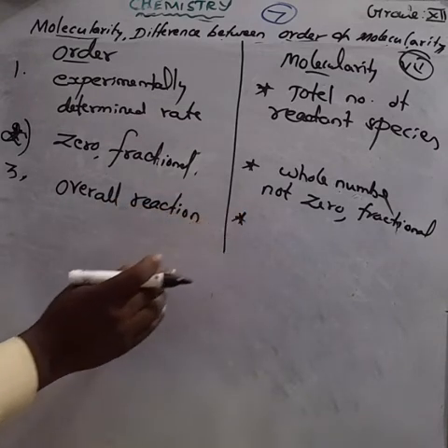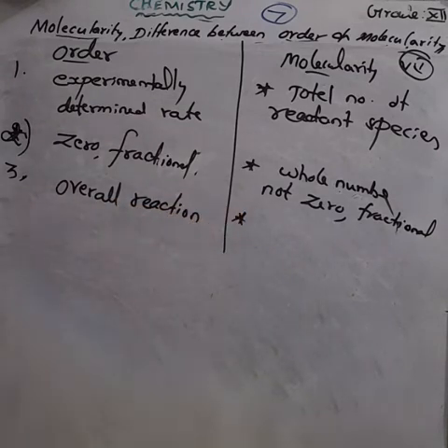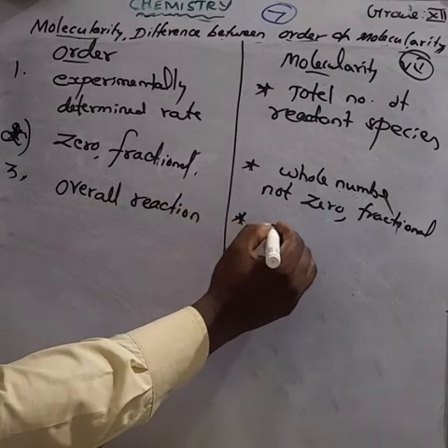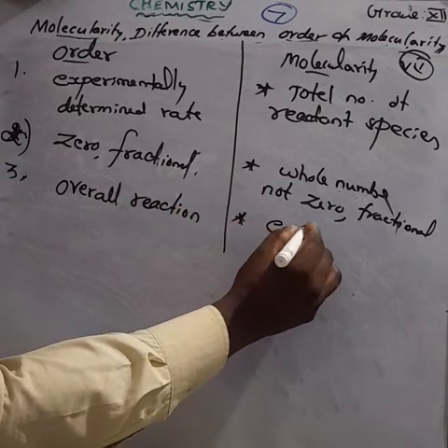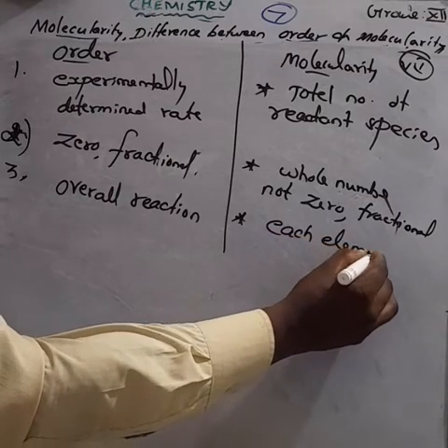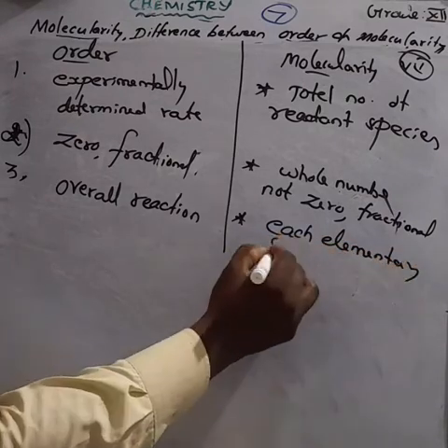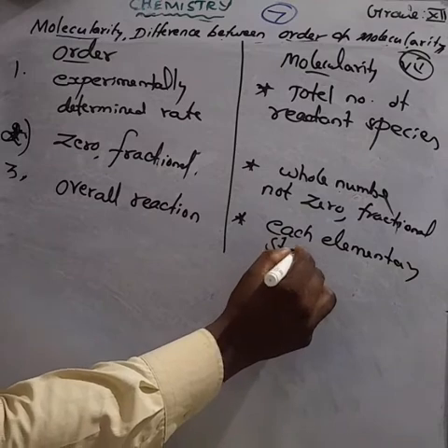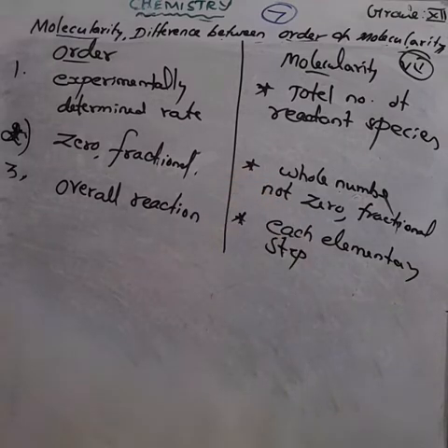When you write the overall reaction, we can find the order of the reaction. What about the molecularity of the reaction? It is assigned for each elementary step of the mechanism.